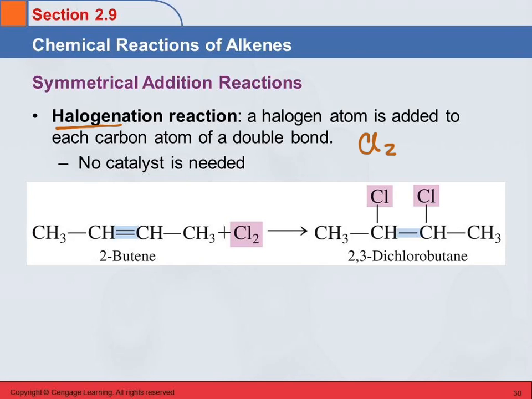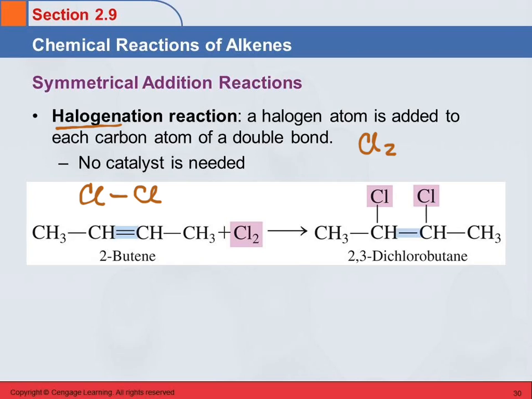You don't have chlorine atoms just floating around. You have these chlorine molecules. And so this chlorine molecule, just like the hydrogen, comes and attaches across this double bond. So one chlorine goes to one carbon and the other chlorine goes to the other. This is symmetrical because they are each getting the same thing.